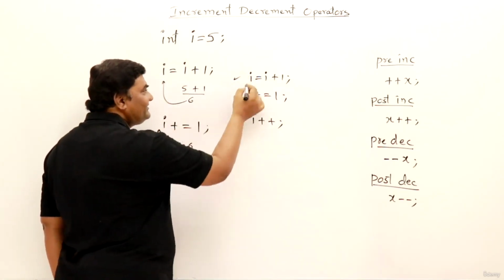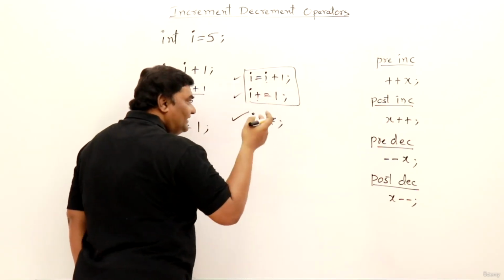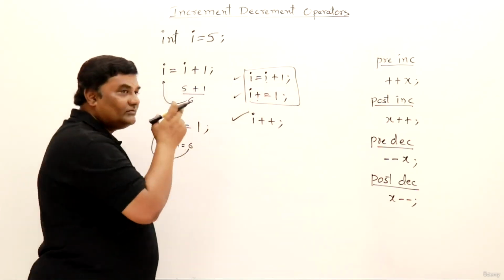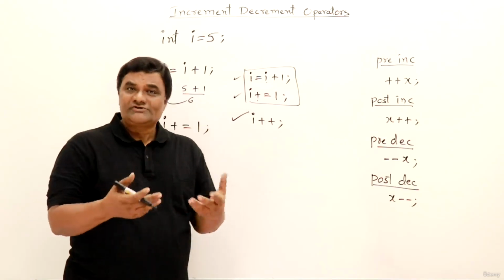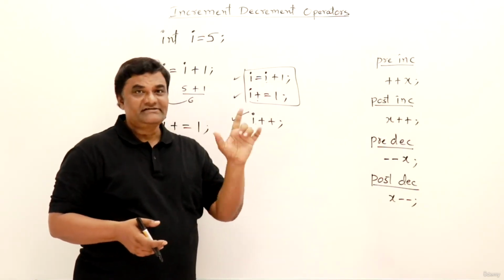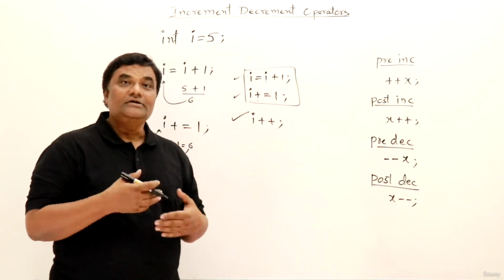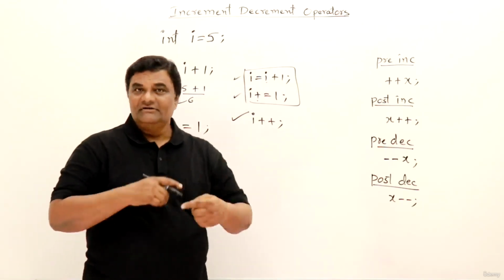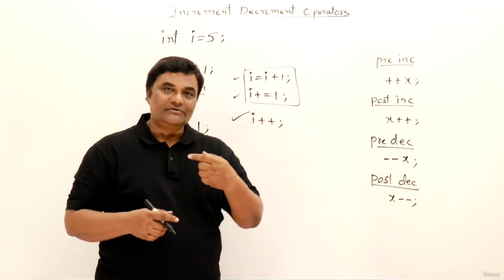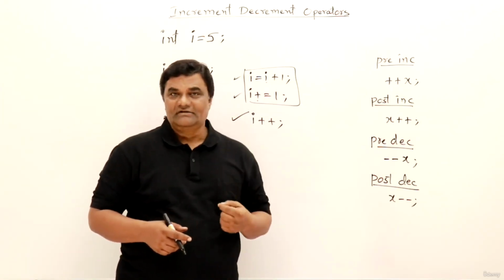This is same as these two statements. Here we are adding 1, here we are adding 1, and this also means adding 1. Once you get used to it, then it looks very simple that plus plus means increase the value by 1. So this is more commonly useful in loops, where we will perform repeated statements. So repeatedly we go on incrementing it, so it behaves like a counter.